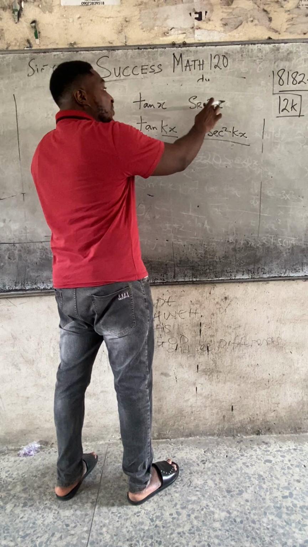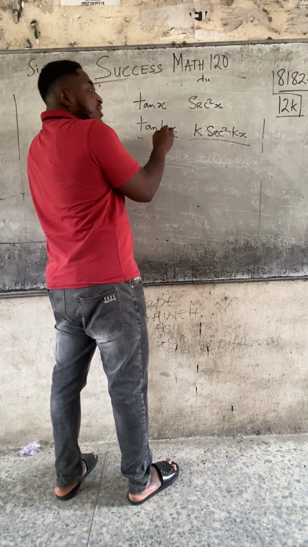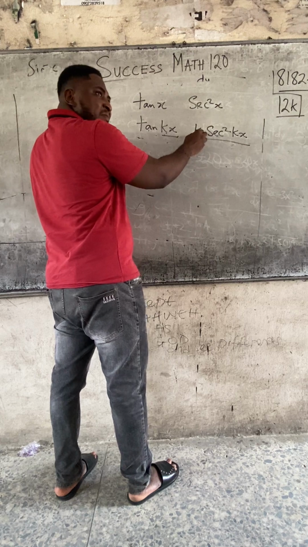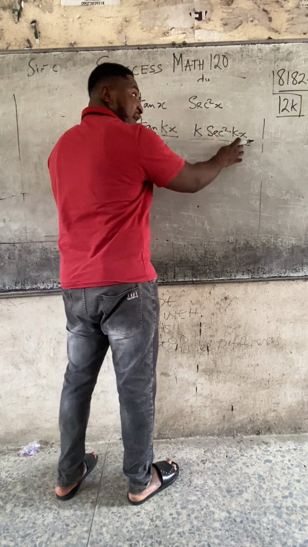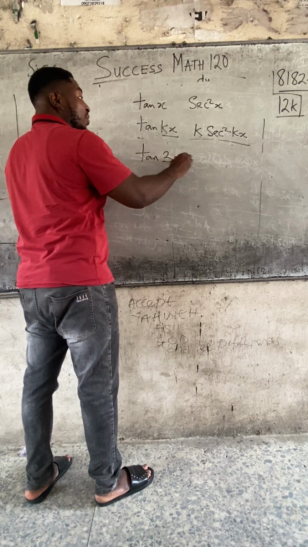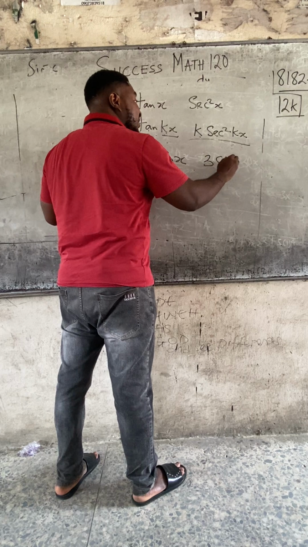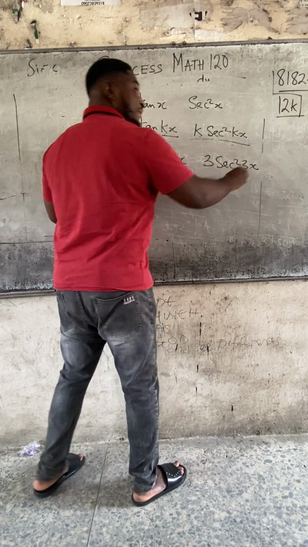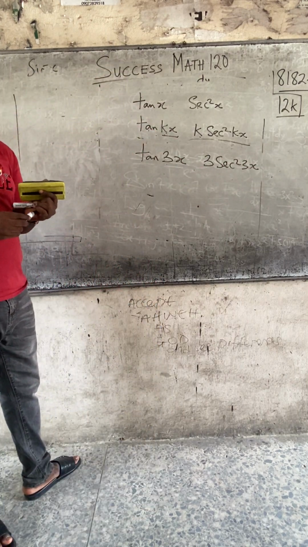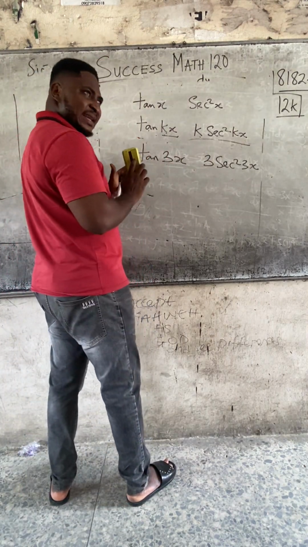Tan x changes to sec square x, right? But k means any number, right? Differentiate the kx, you have k. Tan changes to sec square, repeat your kx. So let's now go tan 3x. What will you have? 3 sec square 3x. Now, class, is that clear?